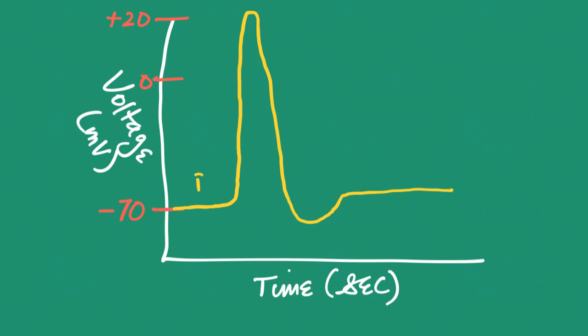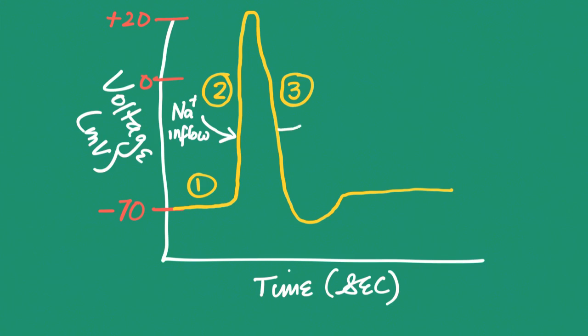So this is 1, resting membrane. 2 is the depolarization phase of the action potential. 3 is the repolarization phase of the action potential. The depolarization phase, or the rising phase, is caused by sodium inflow. The falling phase, or the repolarization phase, is caused by potassium outflow.